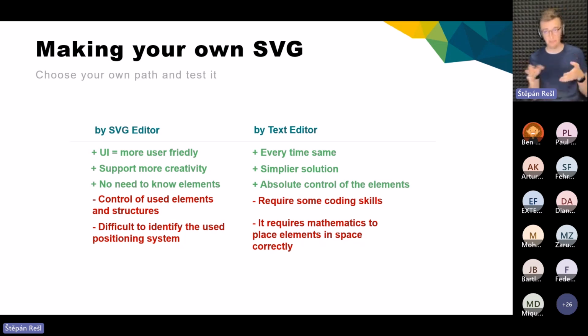And also, SVG editors quite often use some elements that are not that easy when you're starting with SVGs. If you would be in a text editor, it's just up to you what you can use. And in that case, you would start thinking about your solution much more simply.